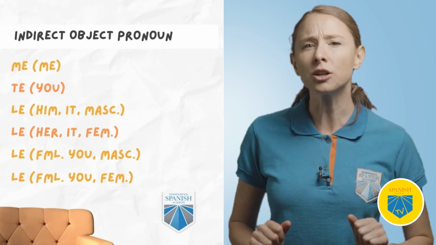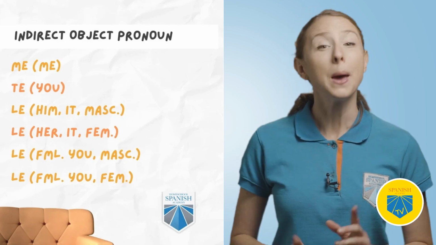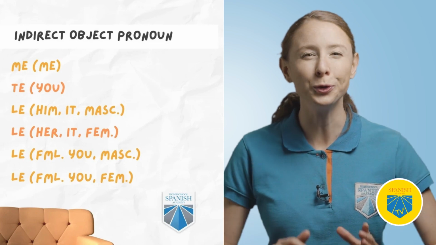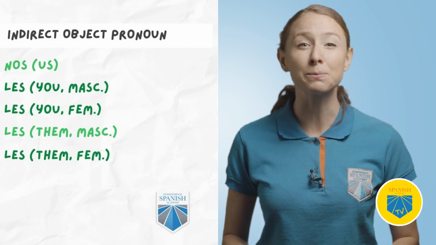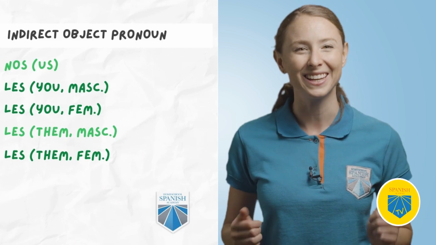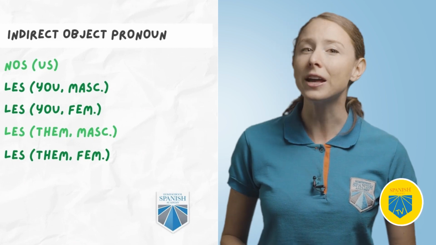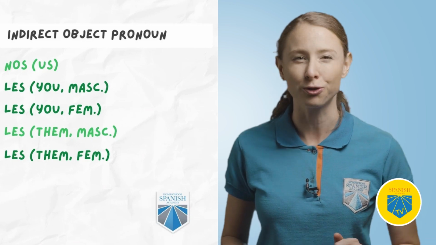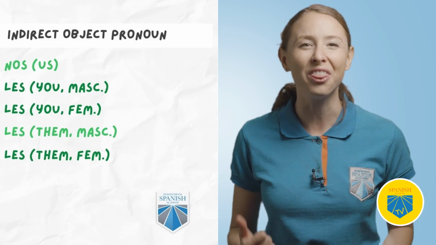Le is a little more difficult as it means him, her, and it, but it's also used for the Spanish formal you form, usted. For plural, we have nos, the Spanish equivalent of us in English. Les is the Spanish pronoun that's used with ustedes, which is the plural Spanish formal for you, but it's also the same as them.